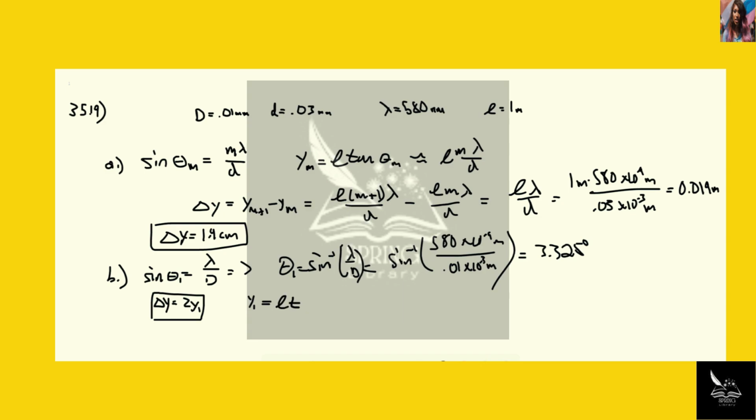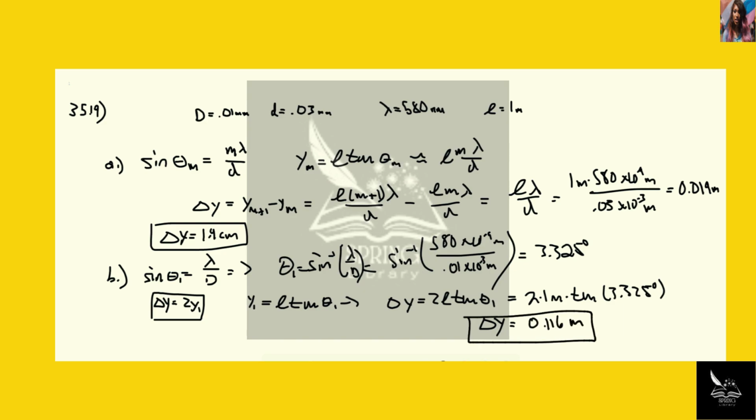Well, this is L tan theta 1. So delta y is 2L tan theta 1, or 2 times 1 meter times tangent of 3.325 degrees. And we get a delta y here of roughly 0.116 meters. Cool.